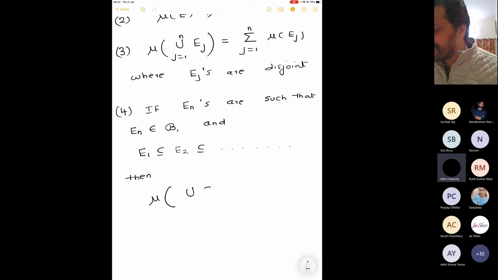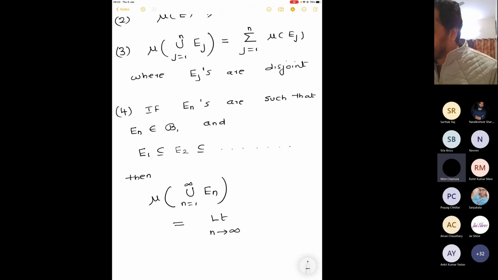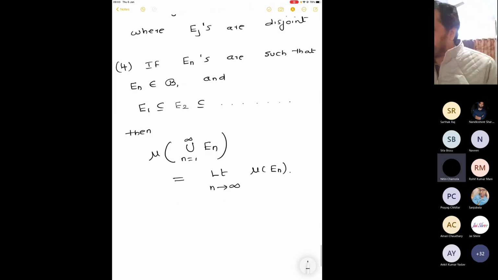Mu of union En, this is what En's can approximate, is equal to limit n tending to infinity mu of En. This we expect. And this is sometimes called continuity from below.